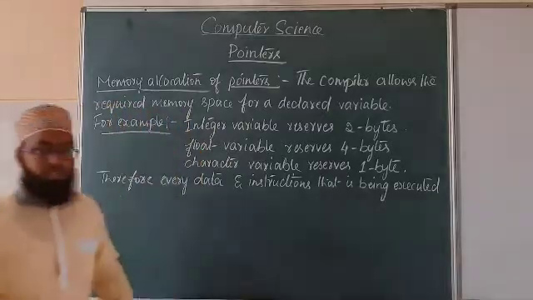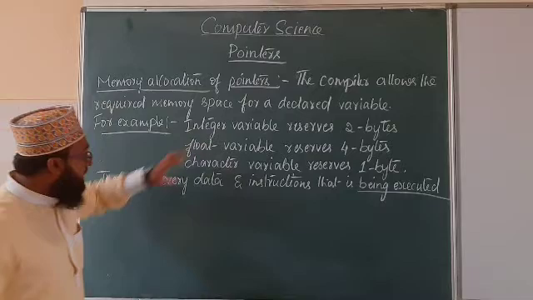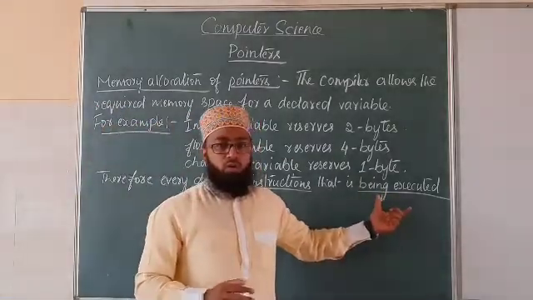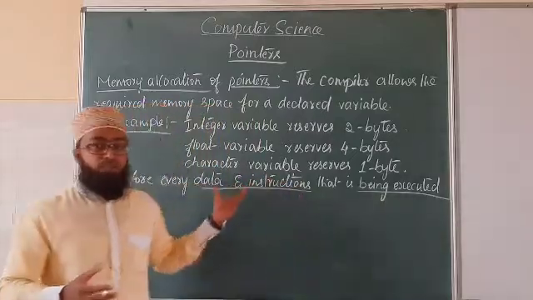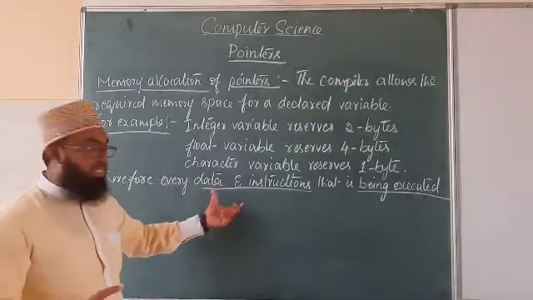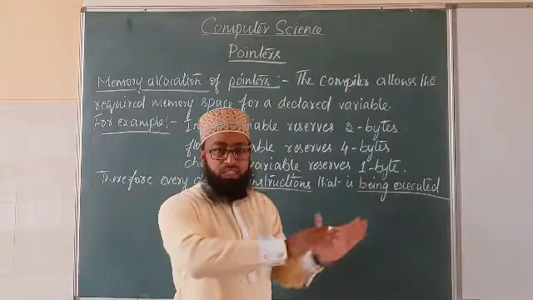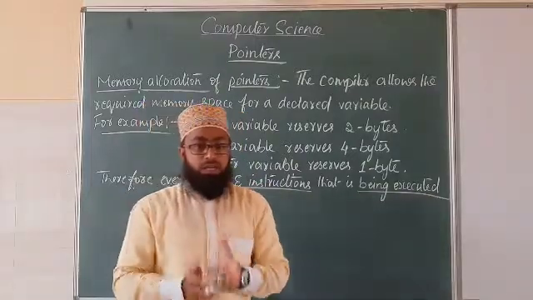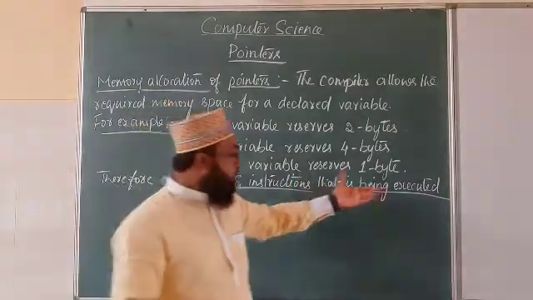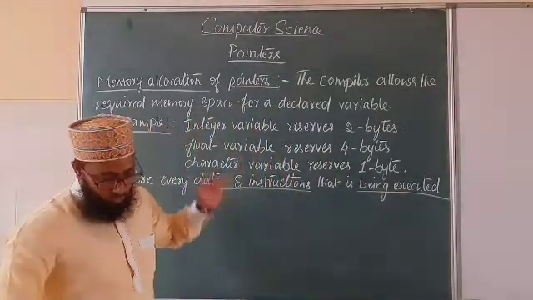What is meant by being executed here? Being executed means the data or instruction which is about to execute, not yet executed but kept for execution. So this type of data or instruction is called being executed. Near for the execution, not yet executed, to be executed. Understood?